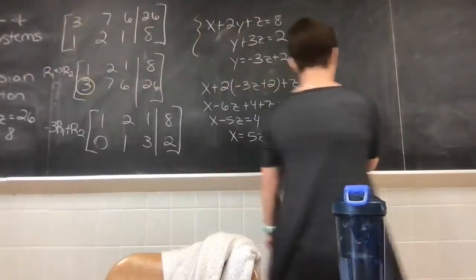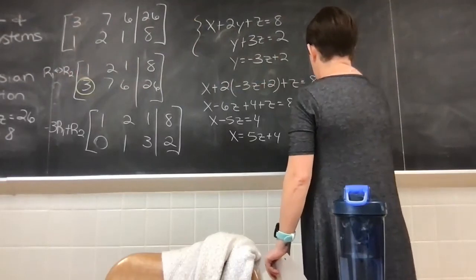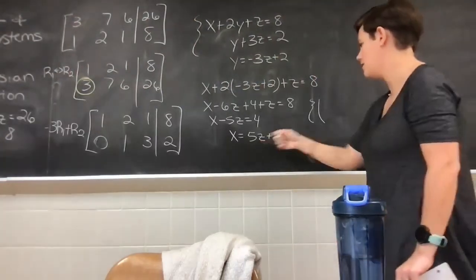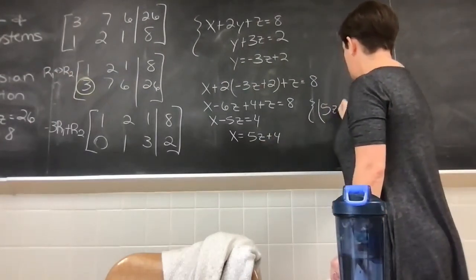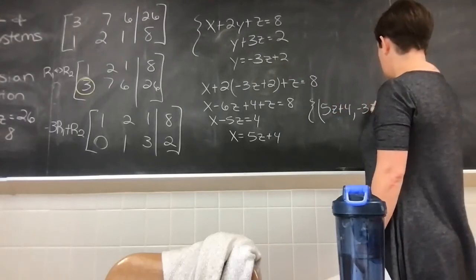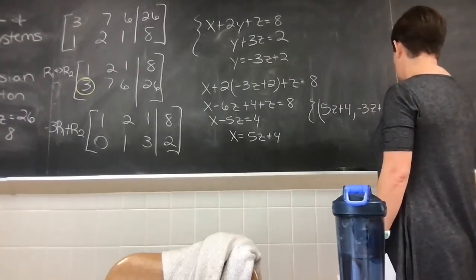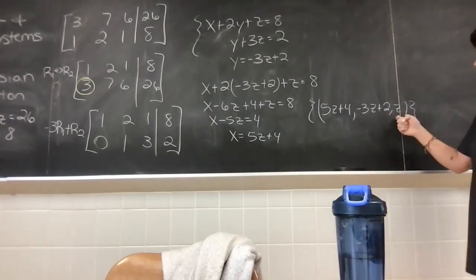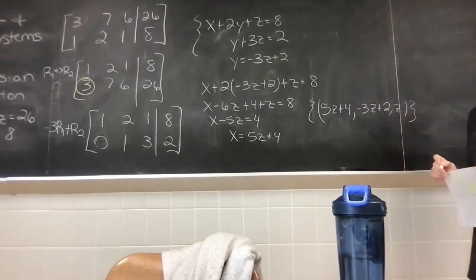So that means that my solution for this, since it is a dependent system, well, my x is 5z plus 4, my y was negative 3z plus 2, and then my z is whatever my z is. But my x and my y values are dependent upon whatever my z value is in this case.